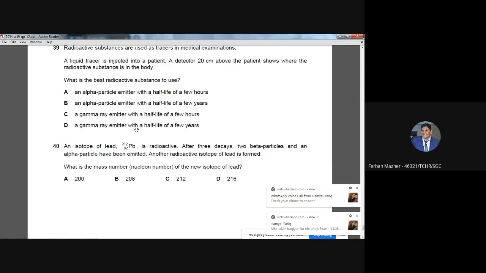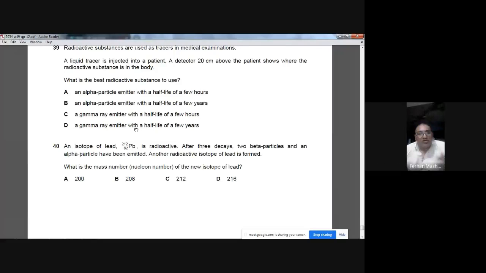He says two beta particles are given out and one alpha particle has been emitted. Two beta particles given out, there will be no change in the mass. But when the alpha particle is given out, the mass will be reduced by 4.